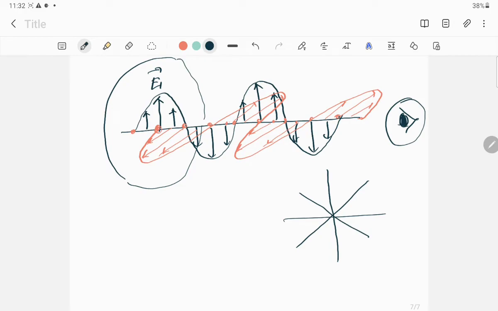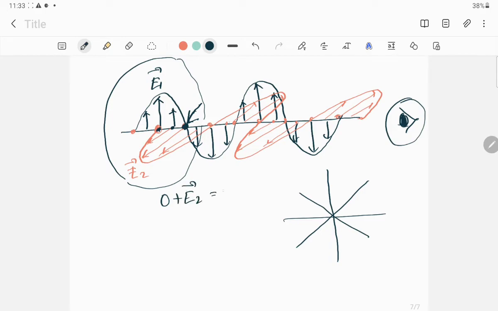This point will reach the observer first, this point second, and this point third. Let us see: at this point, what is the E1 vector? Everyone concentrate. At this point the E1 vector is 0. And what is the E2 vector?